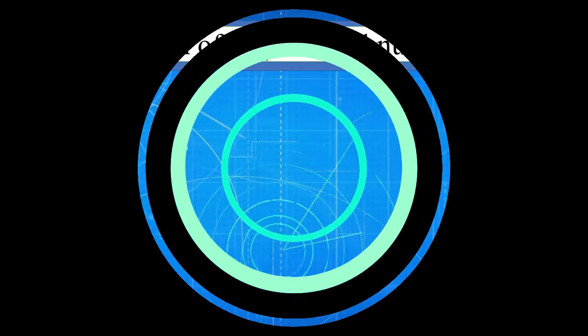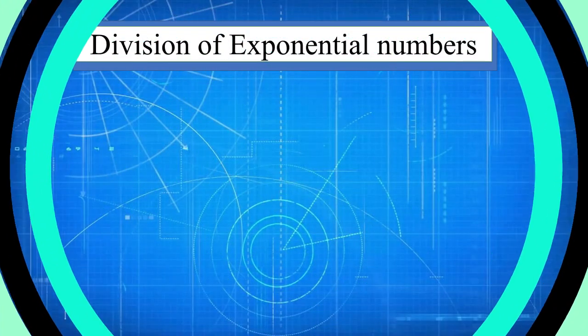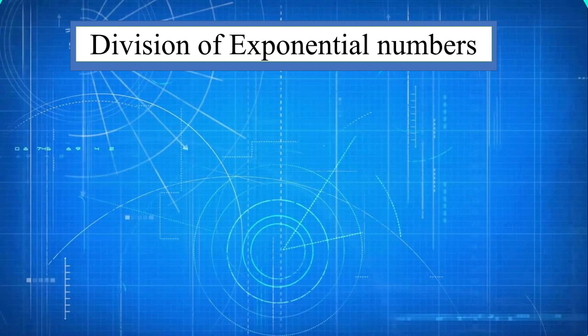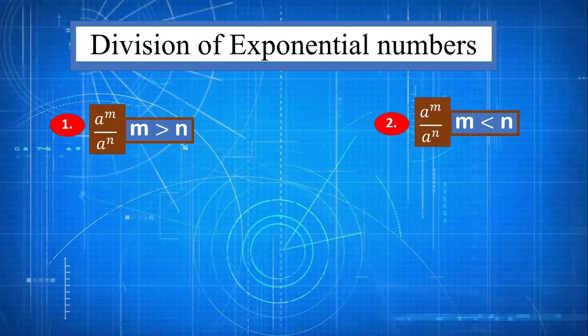Of exponential numbers. Let's look at three different parts of division of exponential numbers. In number 1, we'll look at a to the power of m divided by a to the power of n, where m is greater than n. In number 2, we will look at a to the power of m divided by a to the power of n, where m is less than n.